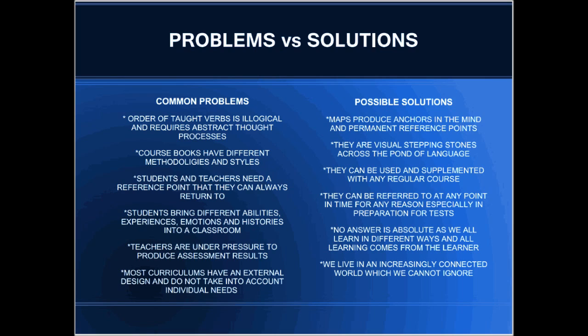And if it doesn't happen automatically, then often it does not happen at all. Consider a book teaching one tense on page 12, another on page 21, and another on page 33. Taught weeks apart, maybe after a holiday, or on a Friday afternoon. Maps can help us avoid these problems.